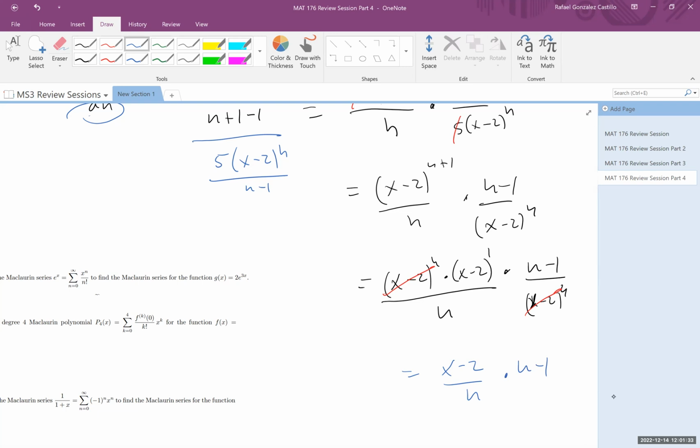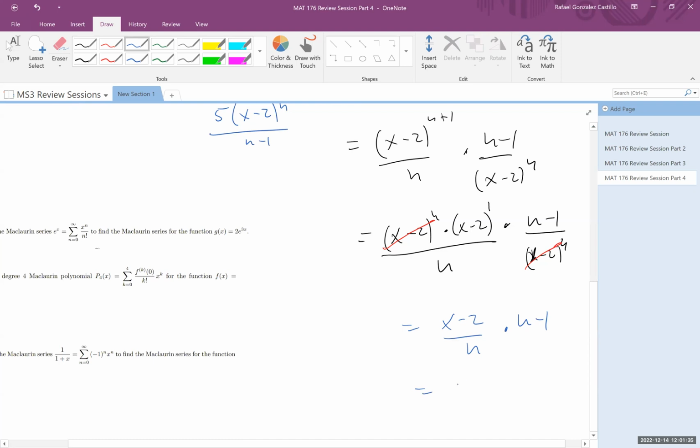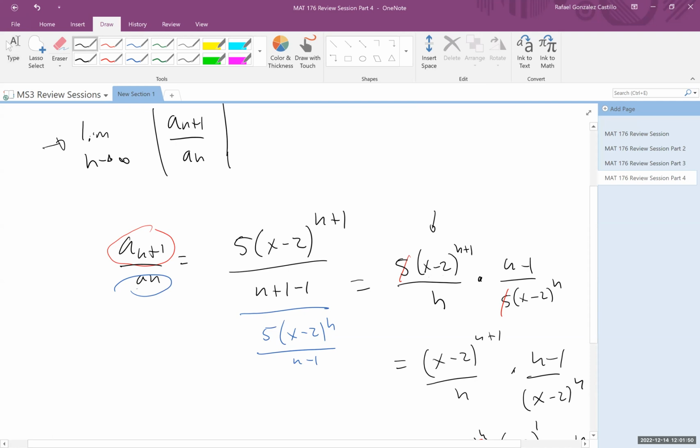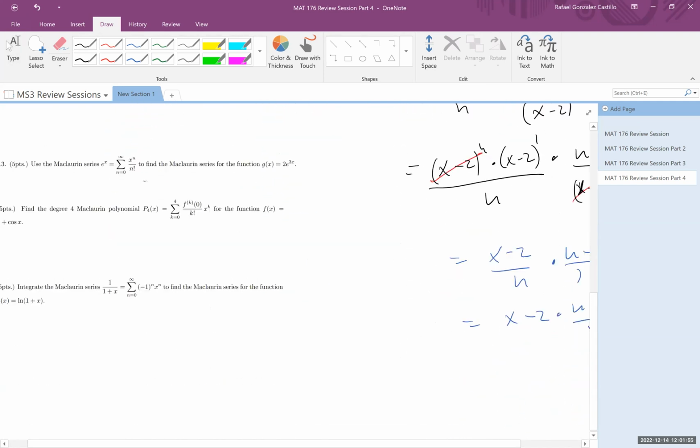Now, you could break this up with the n's on one side. Let me write this as (n minus 1) over n, like this. So I just multiplied it and separated it. This problem is a limiting problem. We have a limiting process happening. We're finding the limit as n goes to infinity of the absolute value of this.